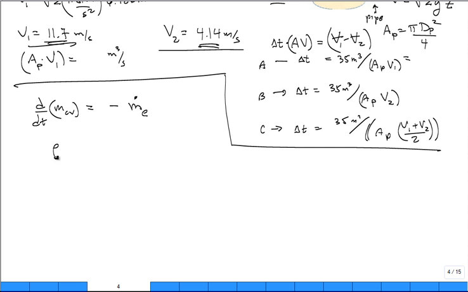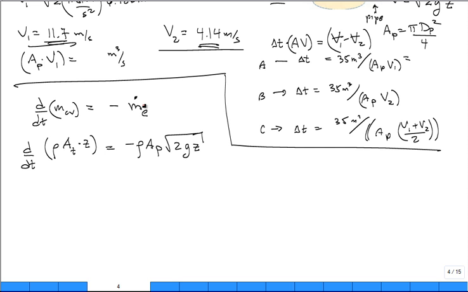The density of the water, the cross-sectional area of that tank, pi diameter of the tank squared over 4, times the instantaneous height of the water level. And this is a time derivative. And it flows out with the area of the pipe, the density of the water, and this equation for the speed at which it flows out, square root 2gz.